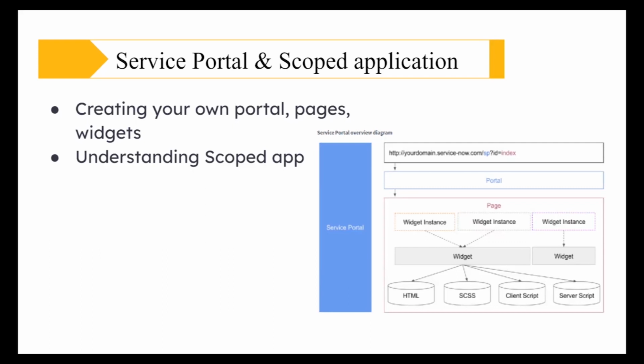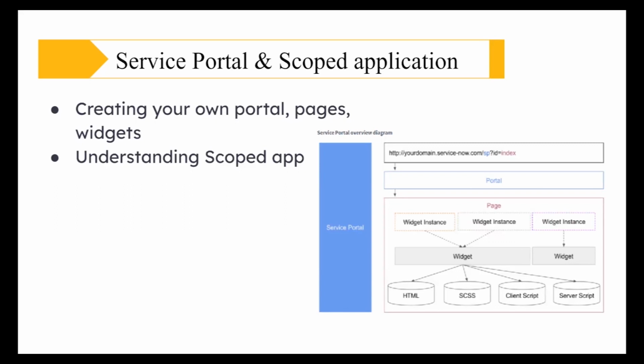So in those cases, those files will be skipped and there will be impact during upgrades. This impact again needs to be evaluated and manual intervention is required. So to avoid this is where you need to always use scoped applications or go with your own customization instead of touching out of the box codes.